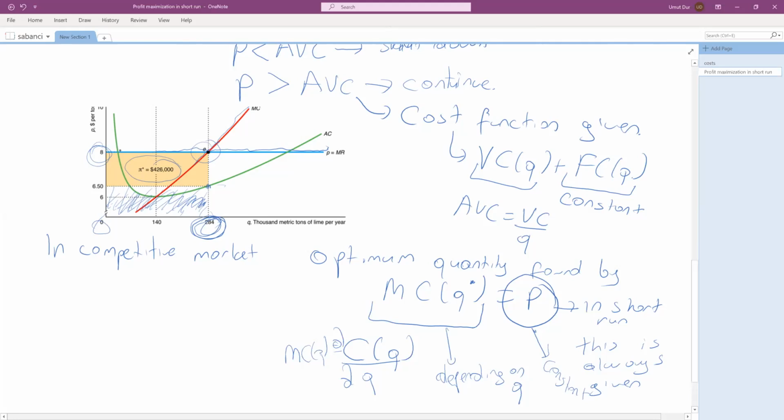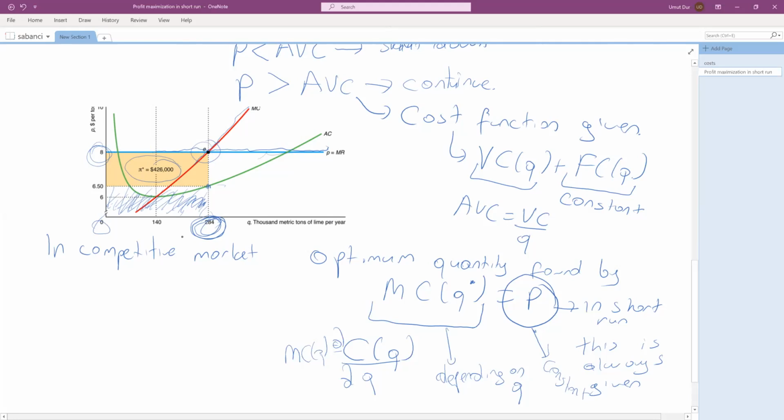Specific to this example, we are given the market price, this horizontal blue line, and we also know our marginal cost curve. What I just need to do is look at where they intersect.